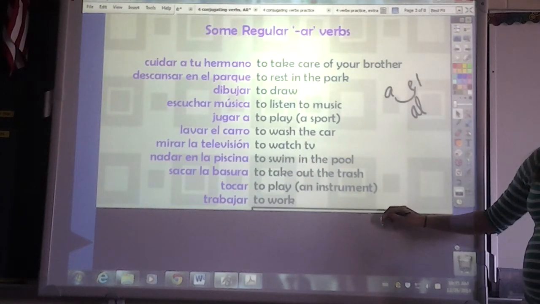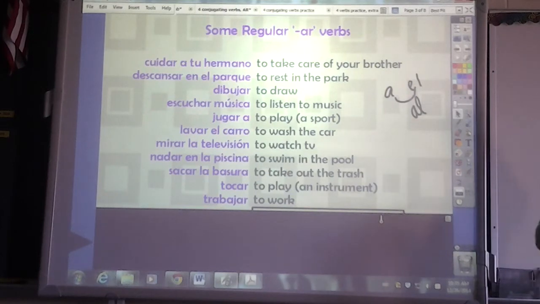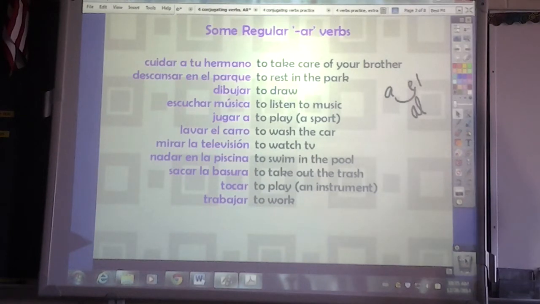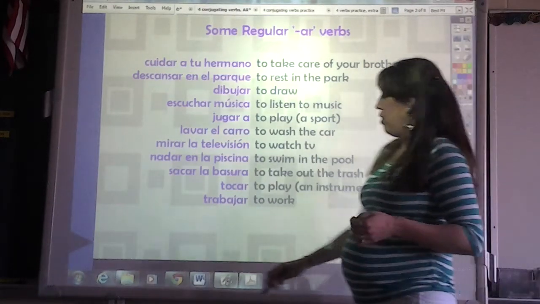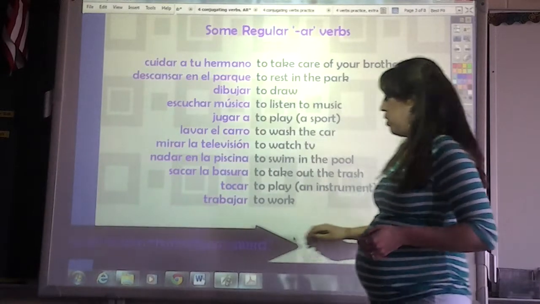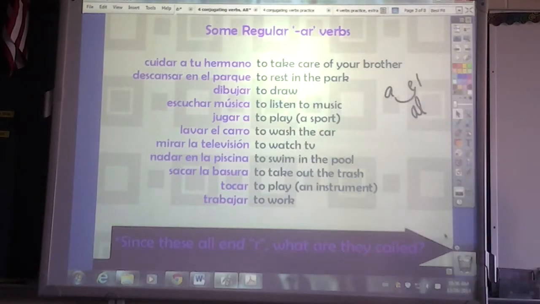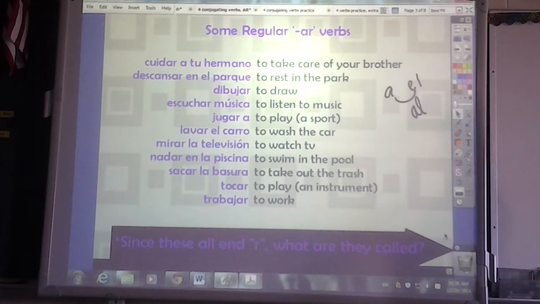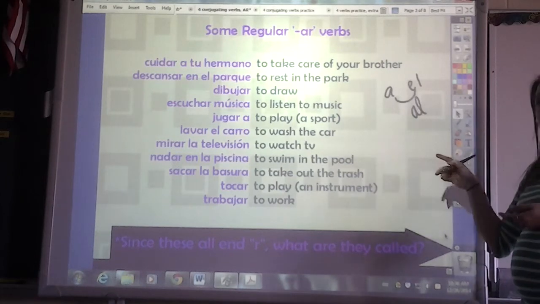And finally, trabajar, to work. I don't know if you can see that, but it says, since these all end in R, and specifically AR, what are they called? Anyone look back in your notes?